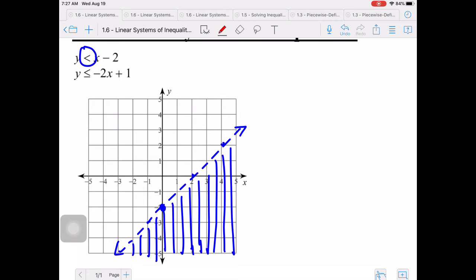Cool. All right. So those are the two differences. You could either have a solid or dashed line, and you're going to have a shaded region.